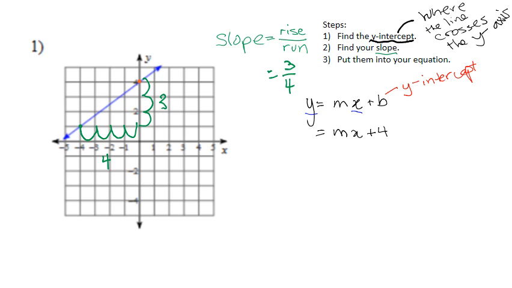So that means down here, instead of writing m, I'm now going to write 3 over 4 x plus 4. Now, I can't simplify this 3 over 4 anymore, so I leave it like that. And that is my equation for this line.